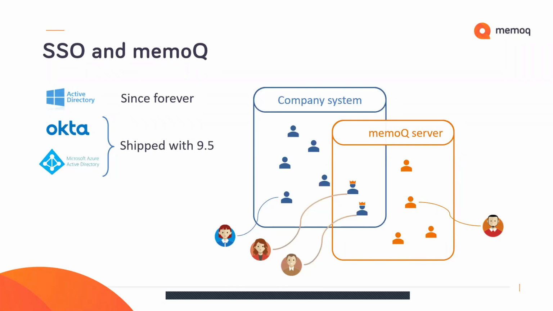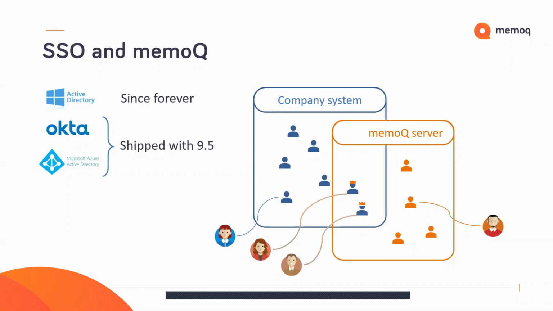Those are the first ones that are actually kind of there, that memoQ 9.5 is already prepared for. But we built the foundation and pretty much the ground floor too.